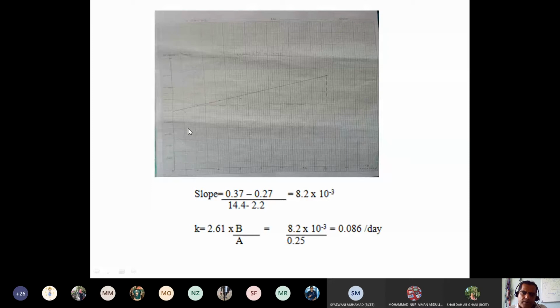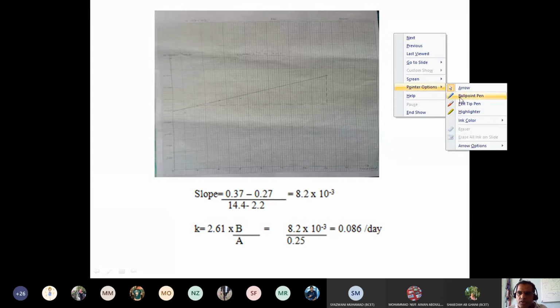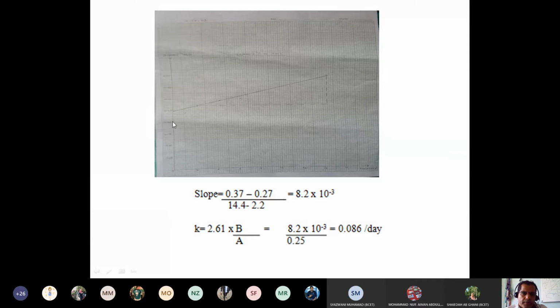Okay, clear. So this is A, and B will be your slope.